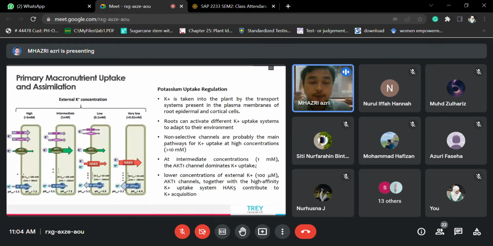At very low concentrations, there are specific transport systems which are called high affinity potassium transporters and also active potassium transporter 1. Okay, dia akan ambil potassium ion from soil solution into root tissues.